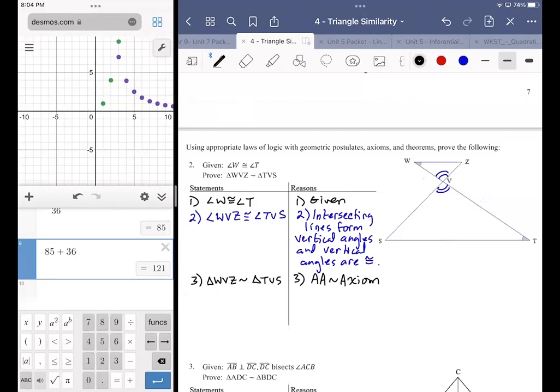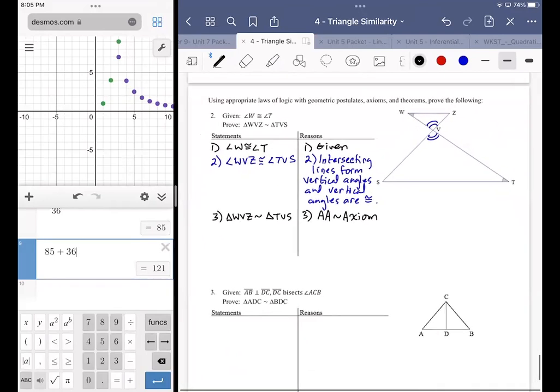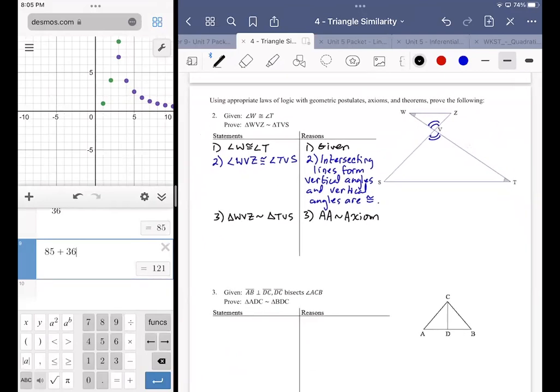But two triangles are not necessarily congruent if they are similar, because they could be of different size. But if they are similar, they could also be of the same size, making them congruent. So there's a whole lot more logic in this course than maybe you thought coming in.